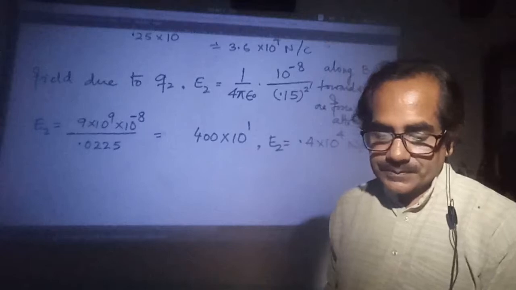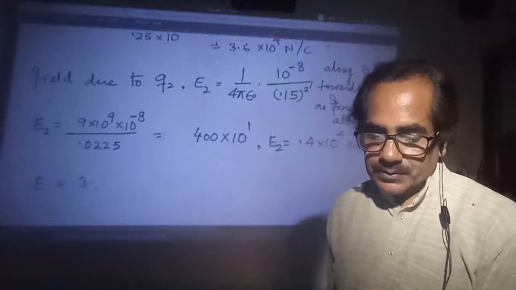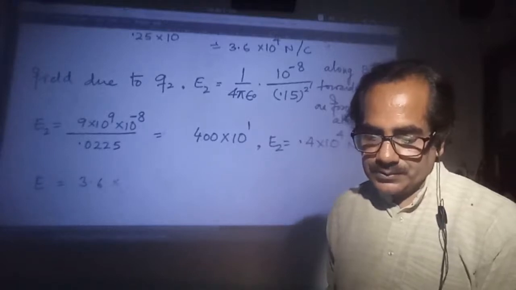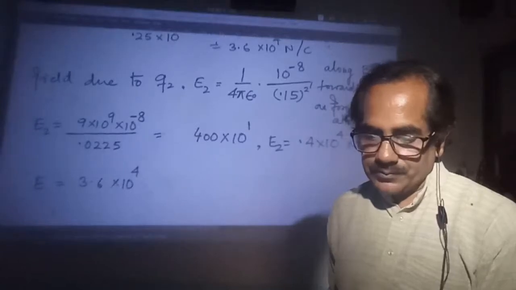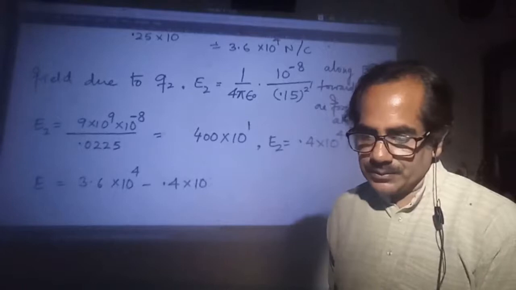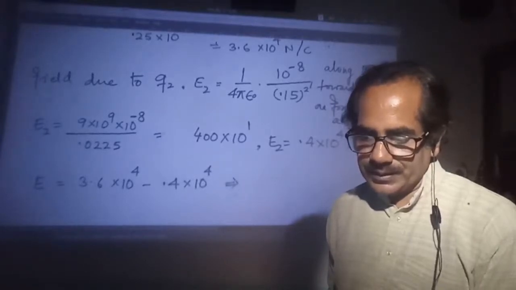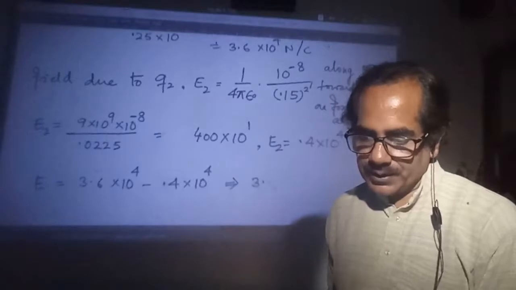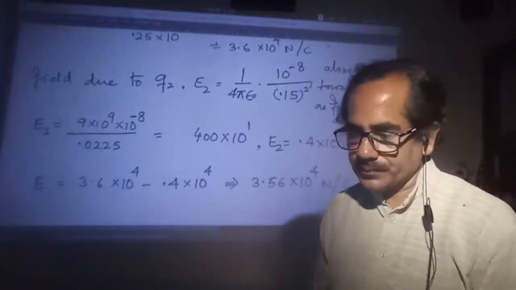So E equal to 3.6 into 10 to the power 4 minus 0.4 into 10 to the power 4, and altogether this implies 3.56 into 10 to the power 4 Newton per Coulomb. This is at B.